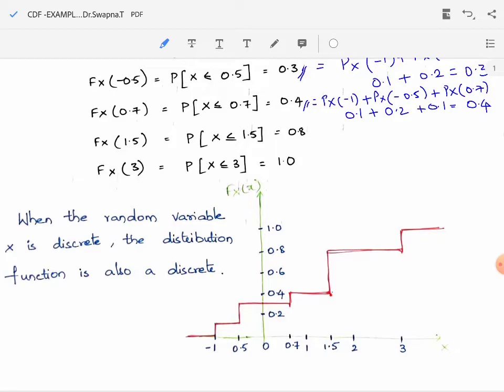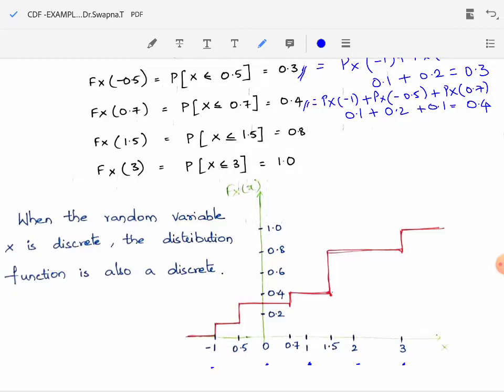So next, the second part of the question, plotting the cumulative distribution function. To plot the cumulative distribution function, we take the random variable x on the x-axis and Fx of x on the y-axis. And on the x-axis we take -1, 0, 1, 2, 3.